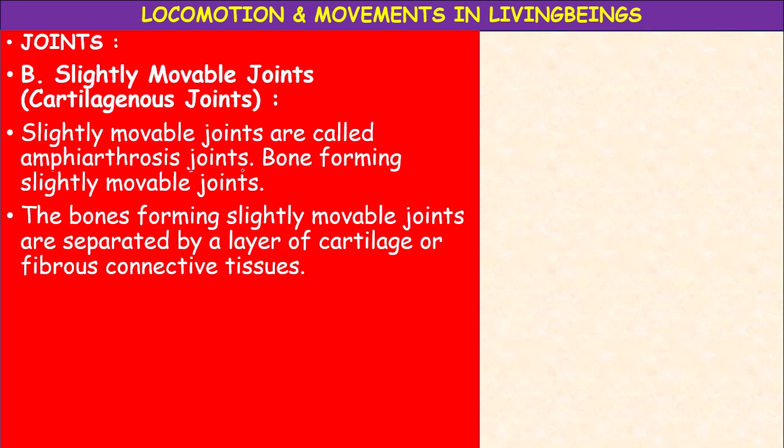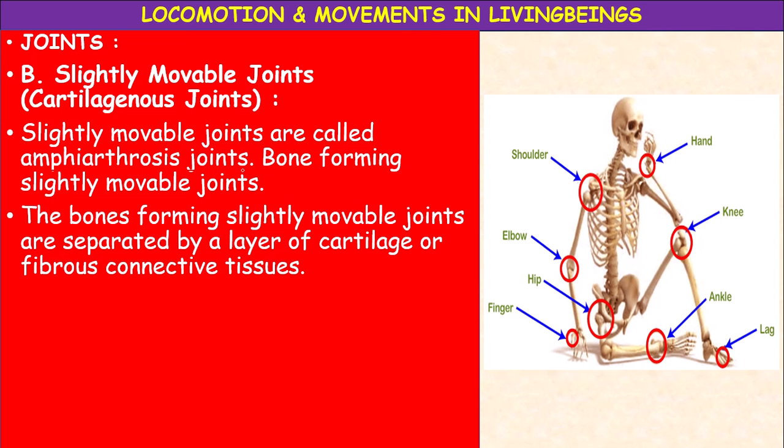The bones forming slightly mobile joints are separated by a layer of cartilage or fibrous connective tissue. That is why they are also called cartilaginous joints.